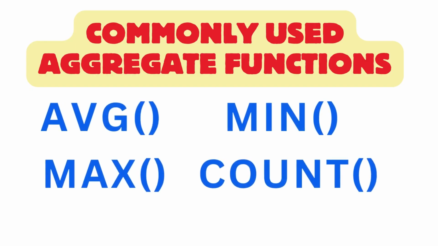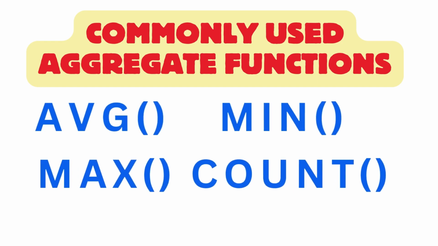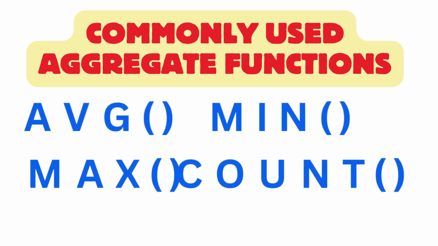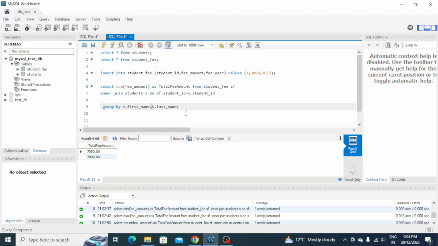And finally, we will check the average, min, max and count functions. Remove this group by clause and use a semicolon to end the query.